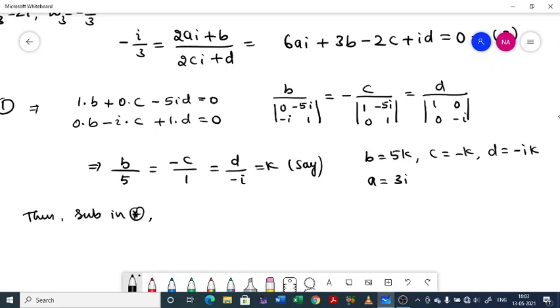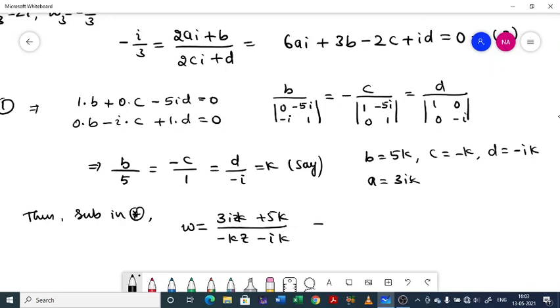Thus substituting in star we get w equal to (3ik plus 5k) divided by (minus kz minus ik).